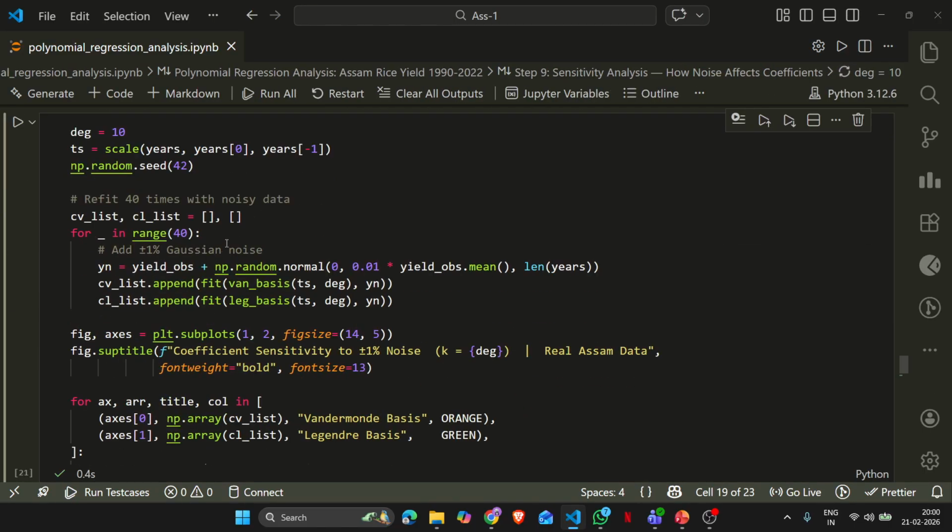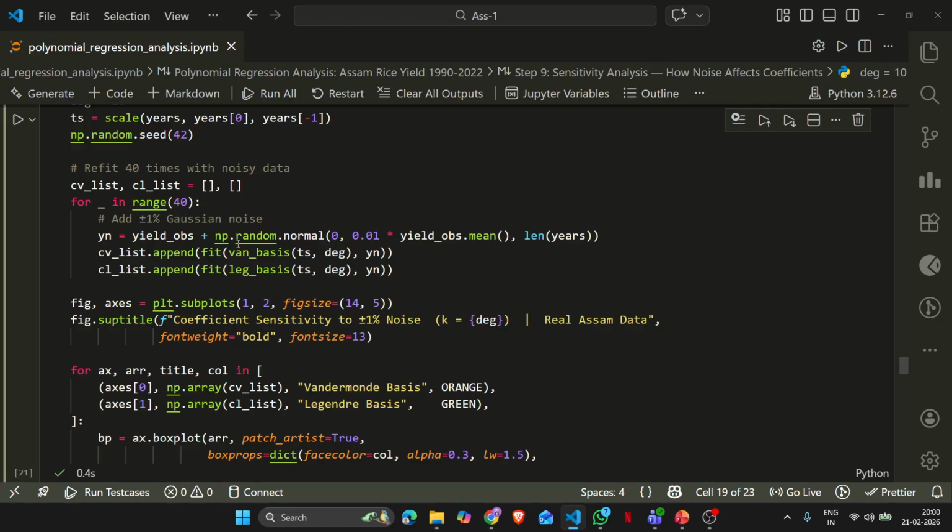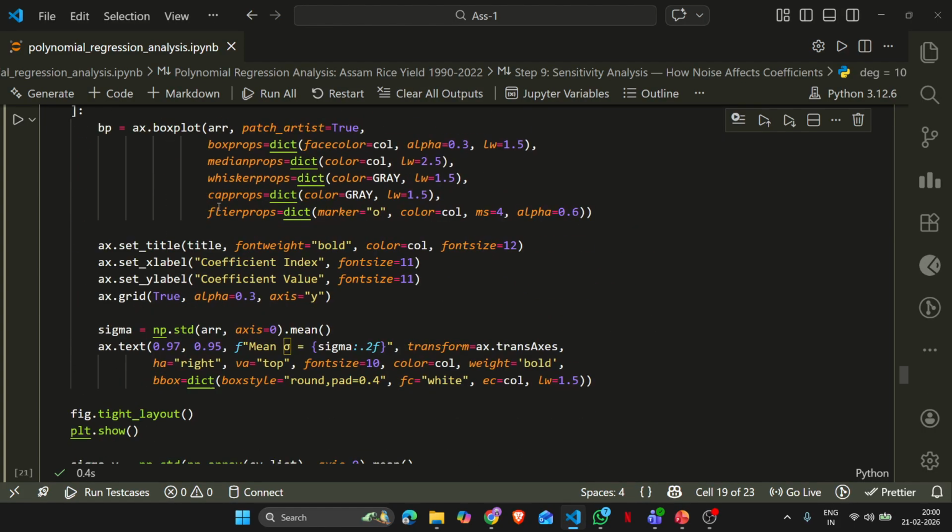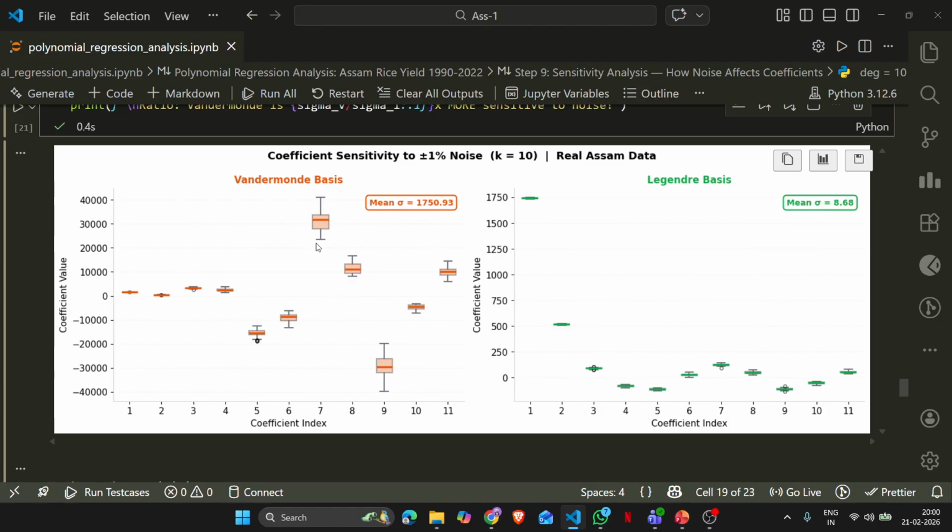Here we are adding 1% of normal noise to our data set, and we can see that using the Vandermonde basis, the coefficients from 0 to 11 are sensitive. That is, they are varying very much, or the variance is very high.